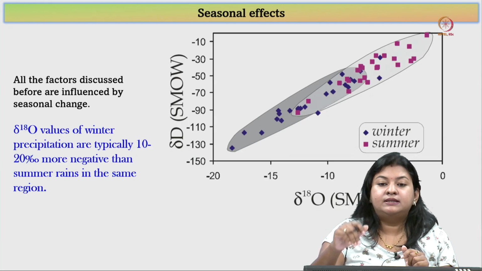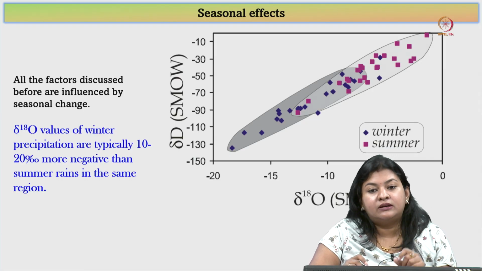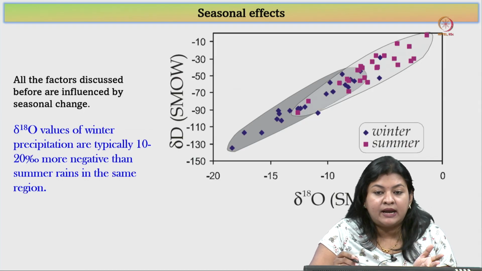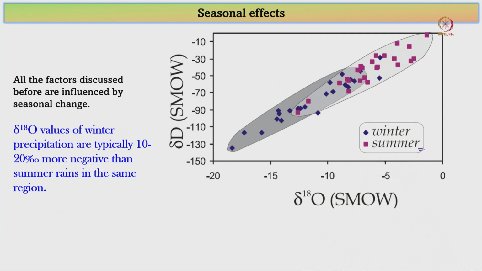So, we see that in winter the values are more in the negative region because of direct influence of temperature. In summer the values are shifted more towards the positive 18O and delta D values. And this is very strongly observed all over the world, this kind of seasonal shifting.